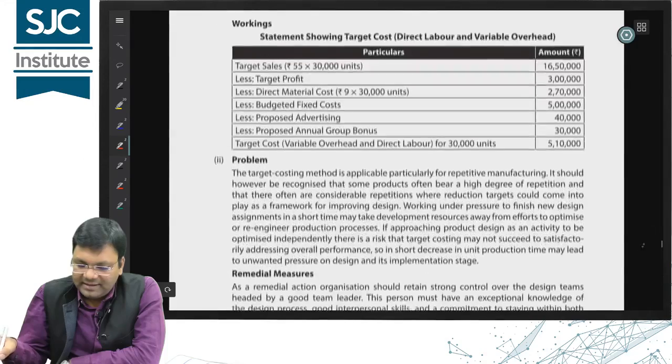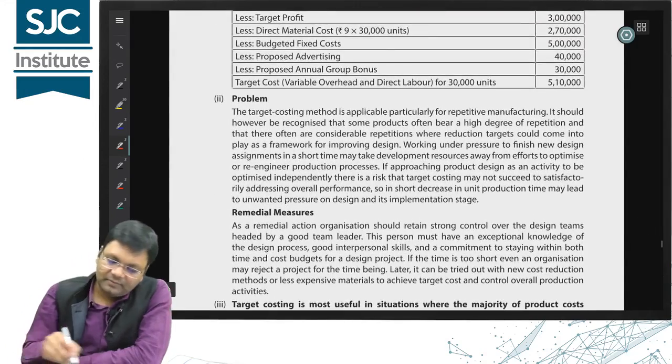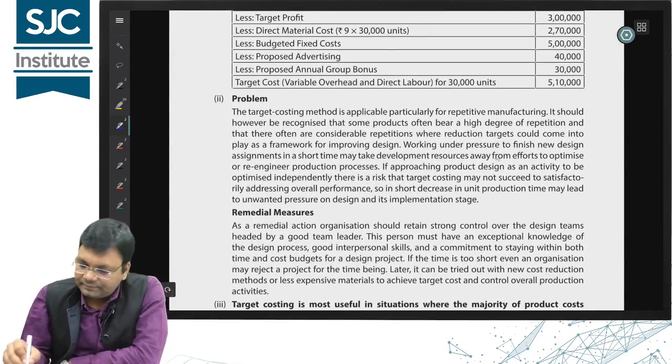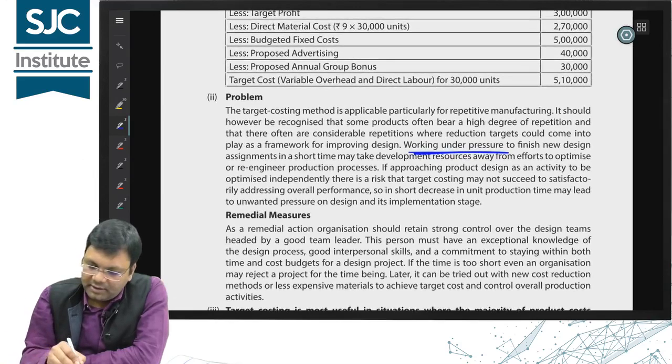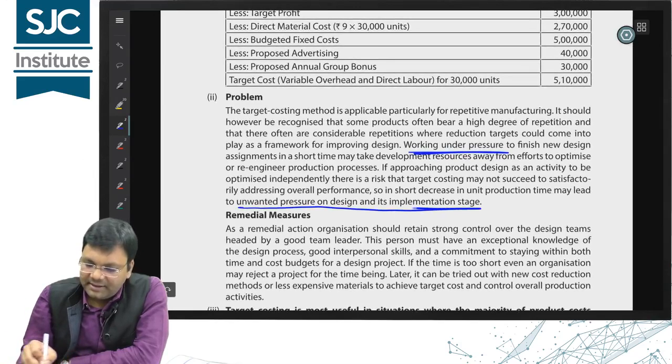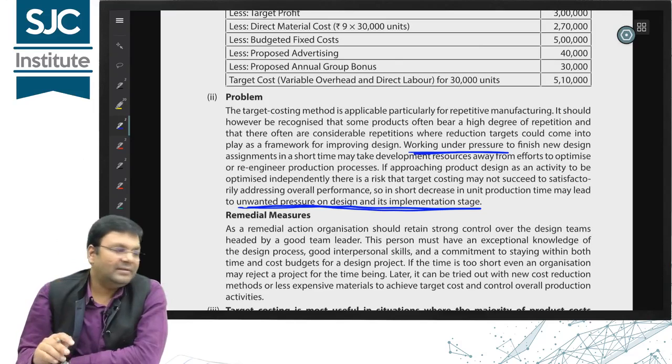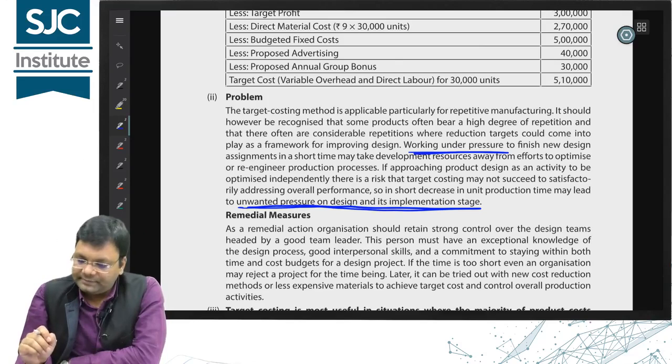Then this working is there. Then the problems: working under pressure, unwanted pressure on design and its implementation stage. So they have written it in the form of a story. You can always write in the form of bullet points.